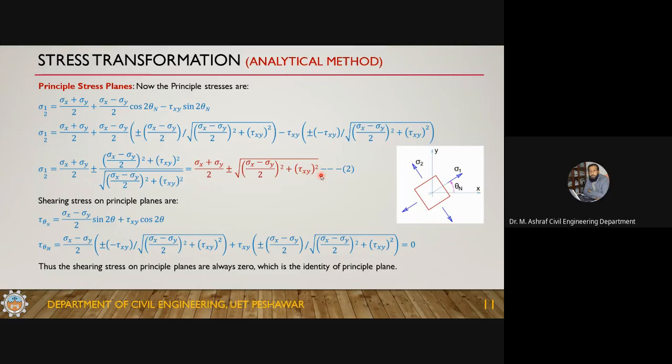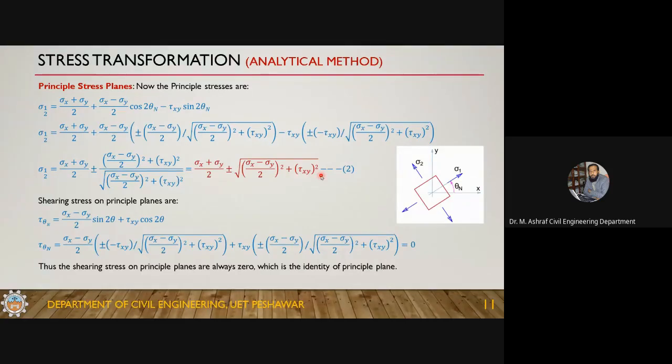In all other orientations, the stresses will be in between sigma 1 and sigma 2. There will be no stress greater than sigma 1, and there will be no stress lesser than sigma 2. When I'm using maximum and minimum, on the positive side it is maximum, like -2 is maximum and -20 is minimum. -2 is maximum because this is nearer to the positive side.